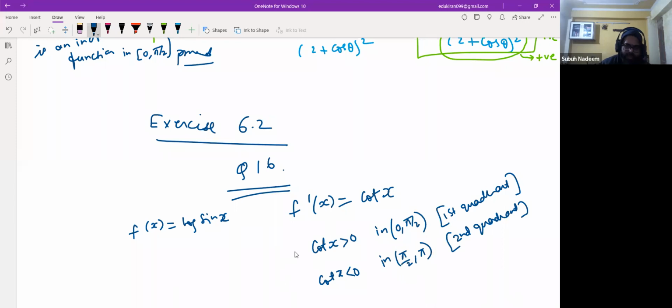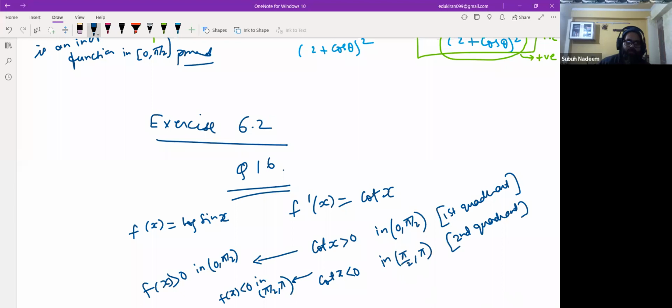So we can say from here that f x is positive in 0 comma pi by 2, and from here f x is negative in pi by 2 comma pi. Well done, sir.